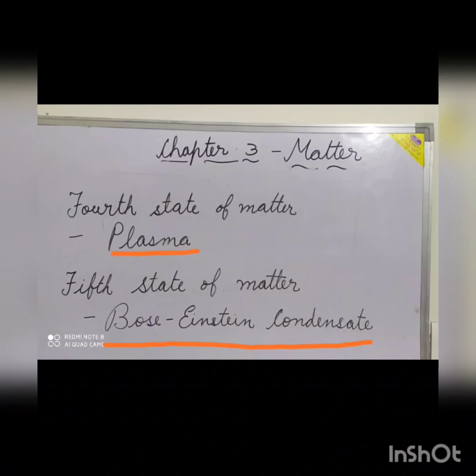It does not hold its shape and a huge amount of energy is present in it. It can be found on earth in flames and lightning. The sun, stars and some other celestial objects are made of plasma. These two states of matter are not in the course. They are taught in higher classes.